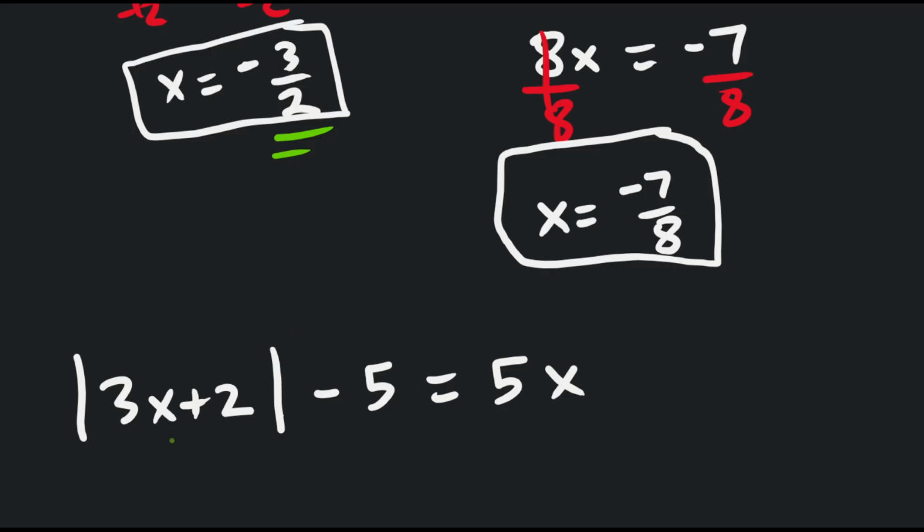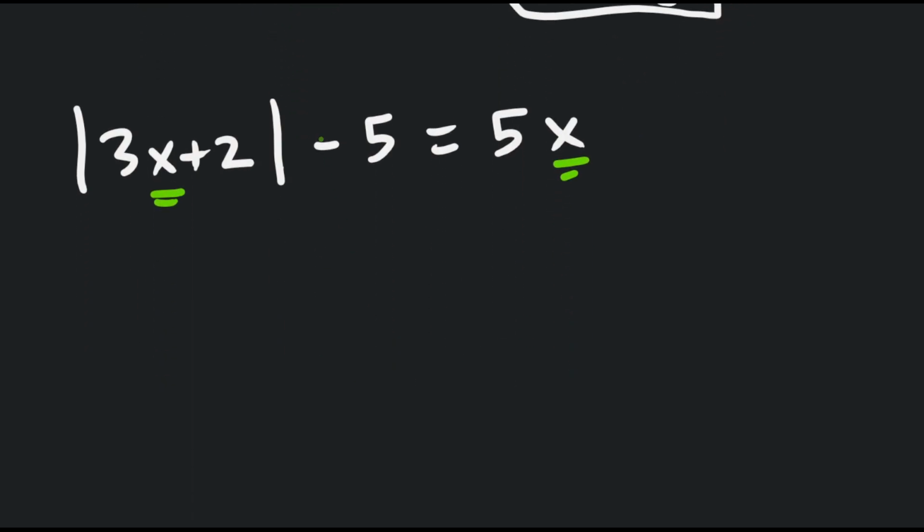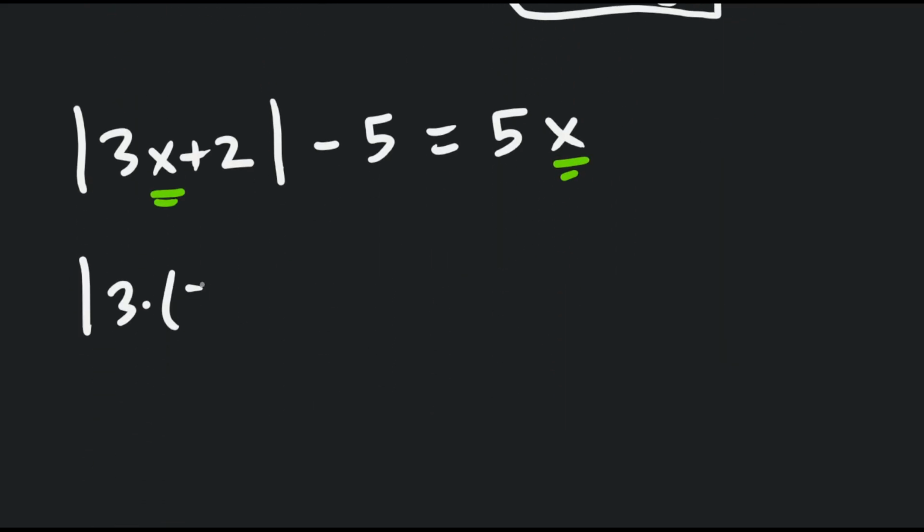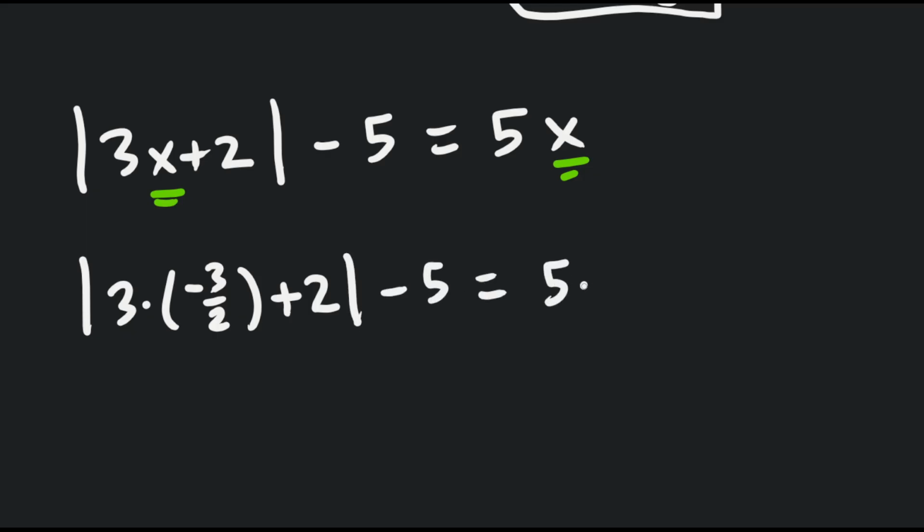We're going to substitute negative 3 over 2 for x in this spot and in this spot. So let's plug it in. The absolute value of 3 times negative 3 over 2 plus 2 minus 5 equals 5 times negative 3 over 2.